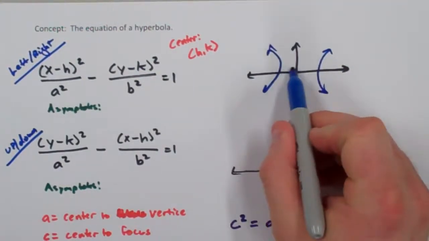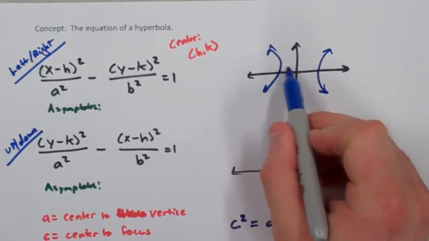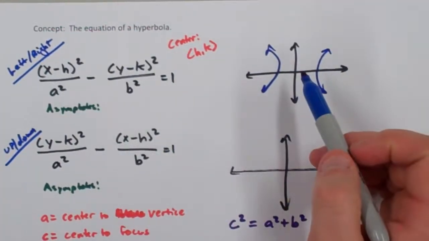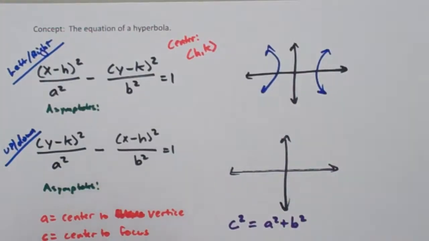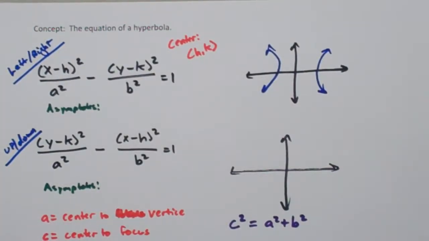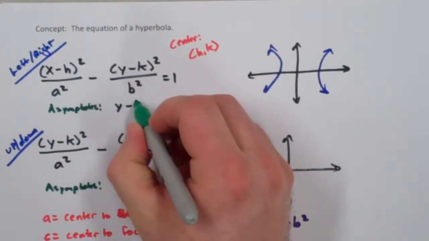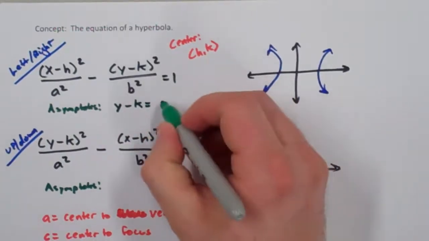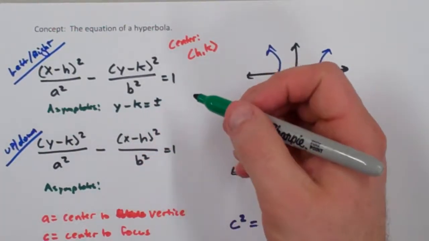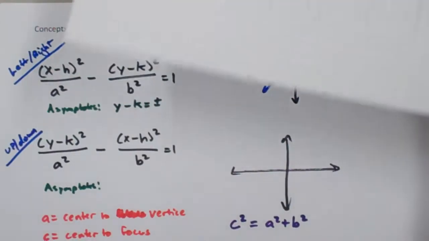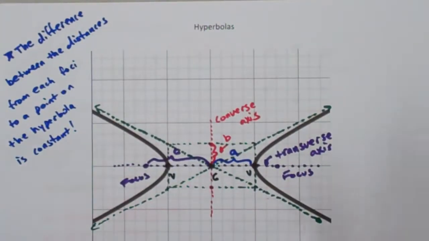A is just this distance here between the center and a vertex, and then b is going to help us form the asymptote. So when we write the equation of the asymptote for a hyperbola that opens left and right, it's just going to be y minus k is equal to, and we've got both the positive and negative slope. If you remember back to the last video, I'll pull that up right here for you.